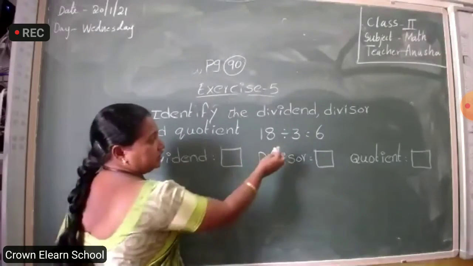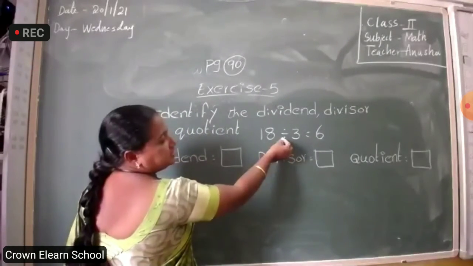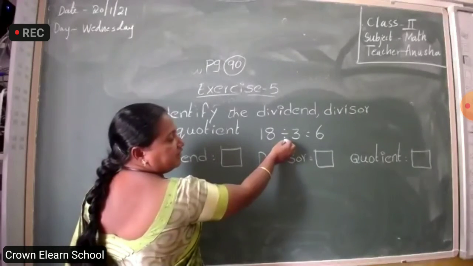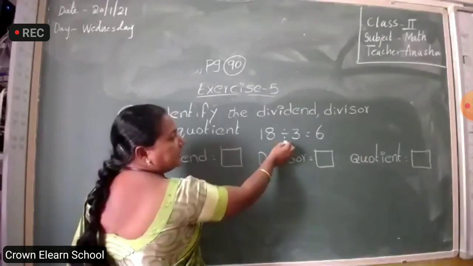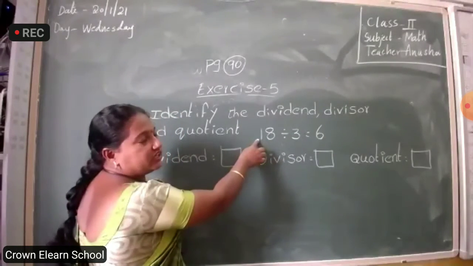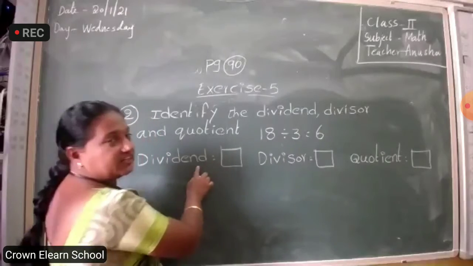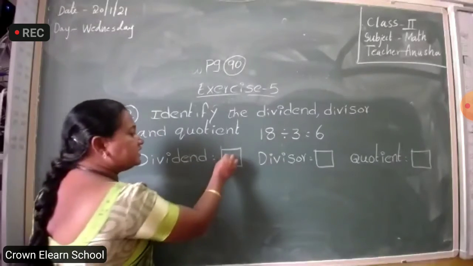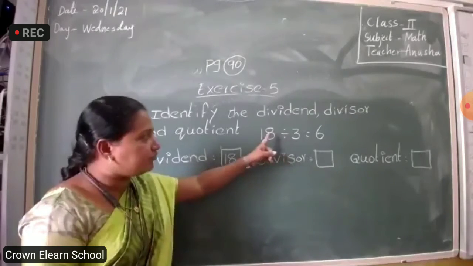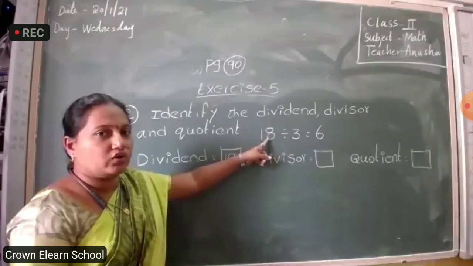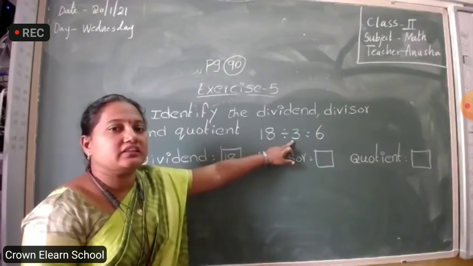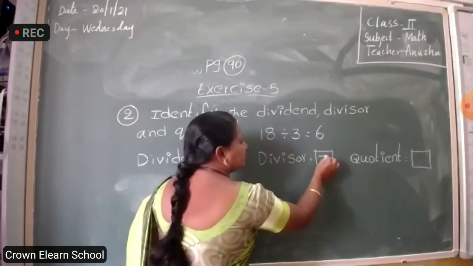Now just you think, this is division symbol. Division before, division after. Okay, Nana? Divided by before, divided by after. So this is dividend. What is the dividend here, Nana? 18. Division symbol divided by before, dividend. Next, divisor. What is the divisor here? 3.